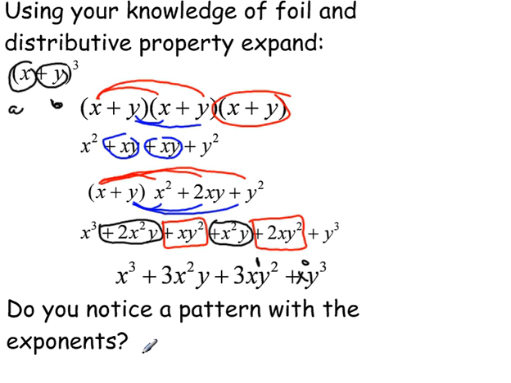So the exponents of the first term are in a descending pattern with each successive term: 3, 2, 1, 0. The exponents of the second term, b, or y, we could just say.